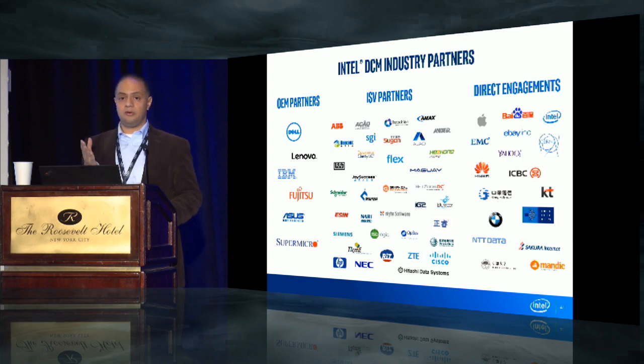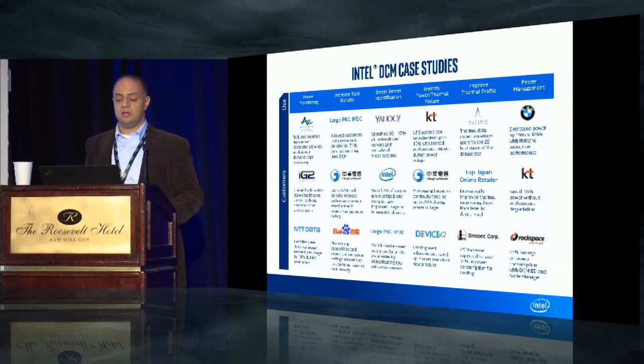But we also work directly with ISVs and other cloud server providers, as you can see here in this list. And we have a lot of case studies online on how much savings that some of these customers had by using DCM. Again, many of those use a cloud infrastructure, whether it's from Microsoft or Google or Amazon.